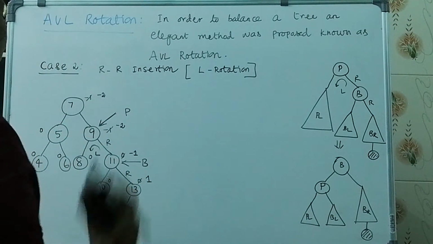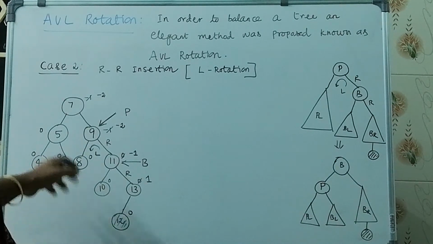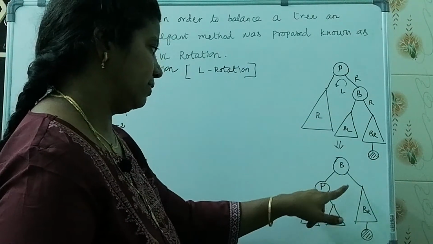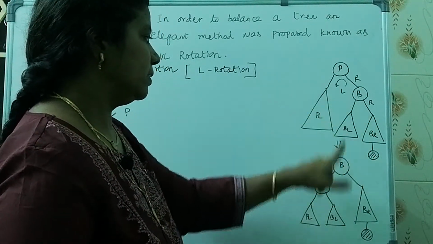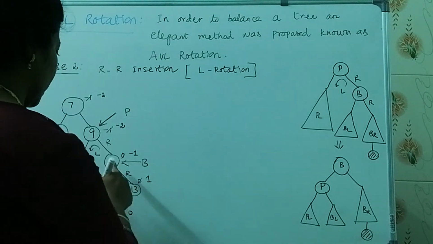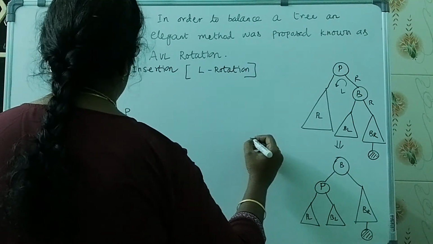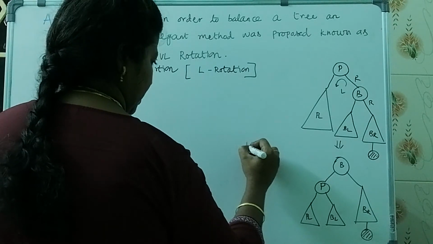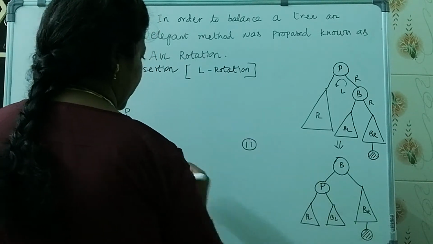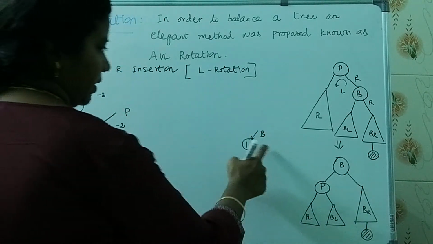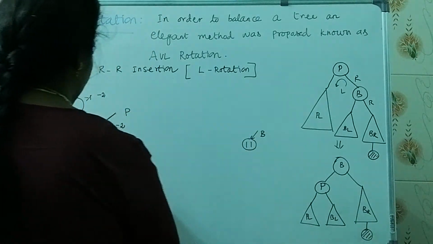Okay. Let's see, after applying the left rotation, where P and B will go. So you see this figure, if we apply this, B will come to the root. So now 11 will come here. Okay. So node 11 will come here. So what is this? This is B. Now as soon as you see, you write down the value B. What is P?